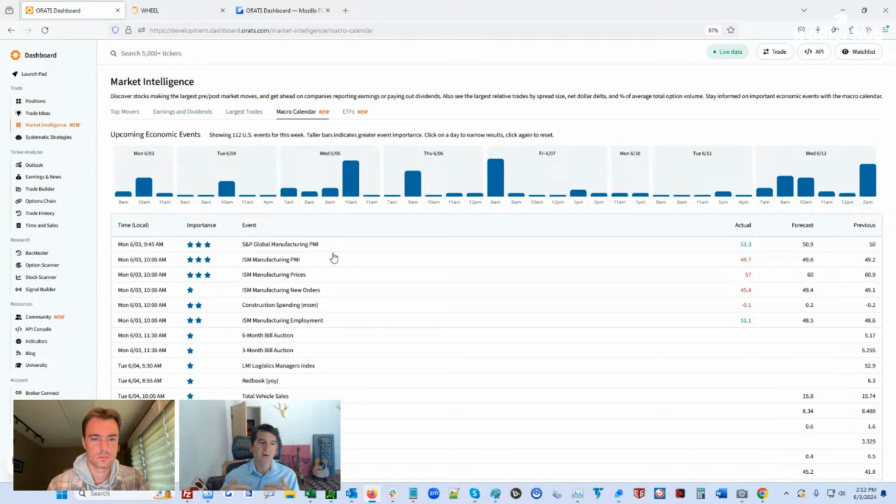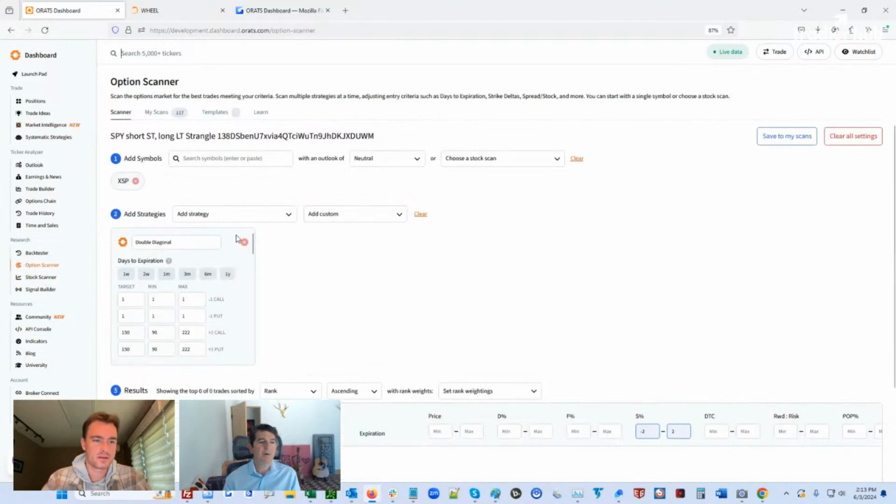So as you get into it, I like to stagger it, and then when the short strangle rolls off, then I look at the market intelligence and figure out when I want to get in. And sometimes I'll even not get in if there's too much going on. How's that sound?